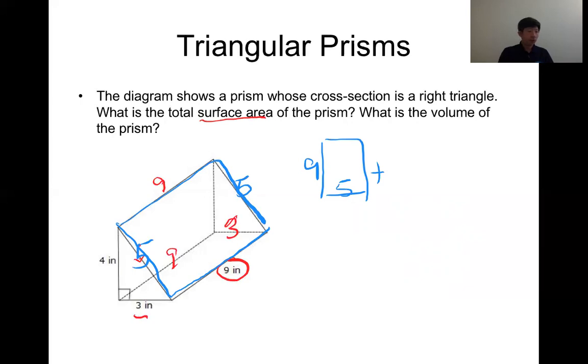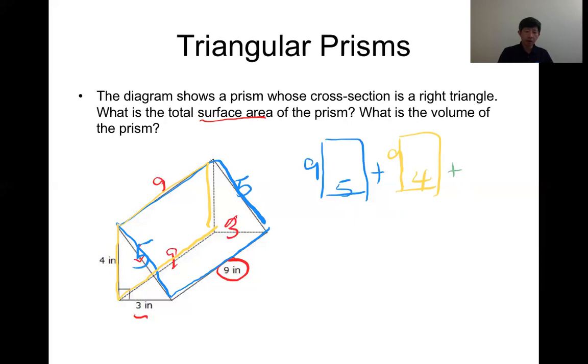We have 4 by 9, 4 by 9 right here. All right, 4 by 9. Another color. What else do we have? We have 4 by 9. We have 5 by 9, and we have triangle, right?